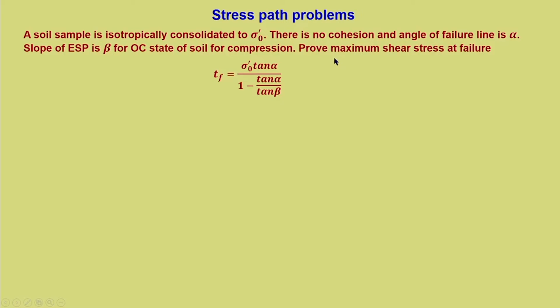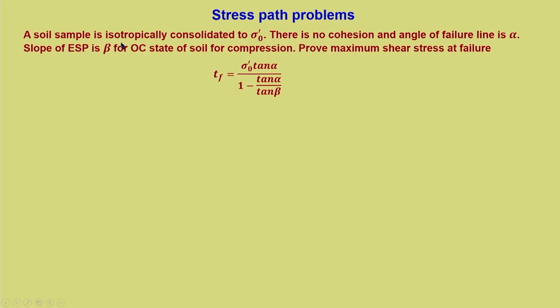Prove that the maximum shear stress at failure, Tf, is equal to sigma naught dash tan alpha upon 1 minus tan alpha by tan beta. So, this is a representative problem which helps us to interpret the question and draw the stress path.